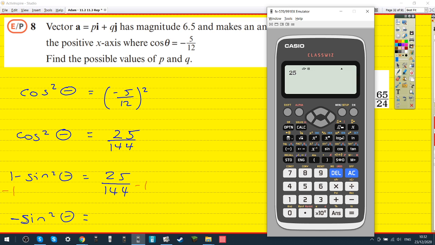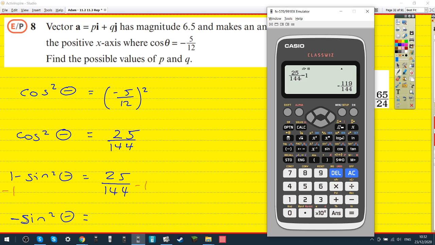And then would you do square root on both sides? Yep. Which is 5 over 12. So minus sine theta equals 5 over 12 minus 1. Hold on, that can't be right. Did you do 25 over 144 minus 1?